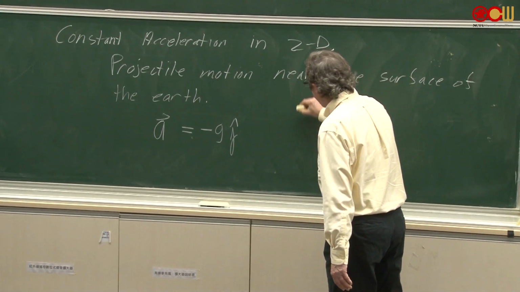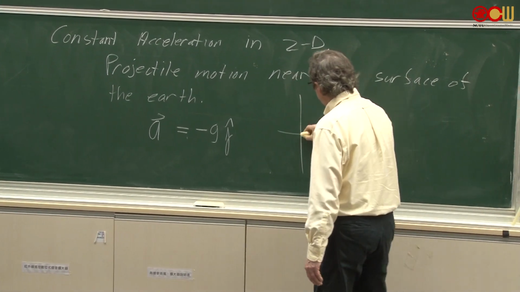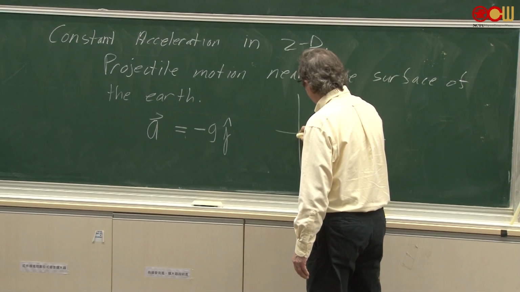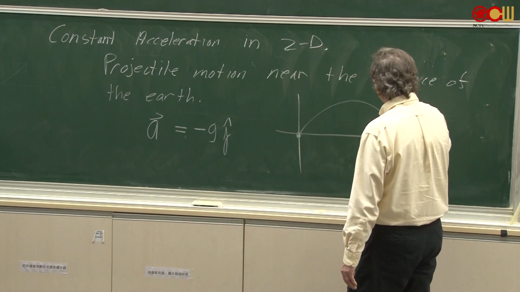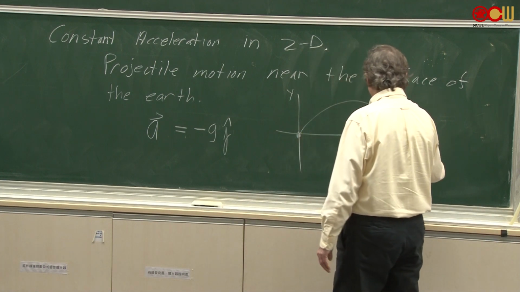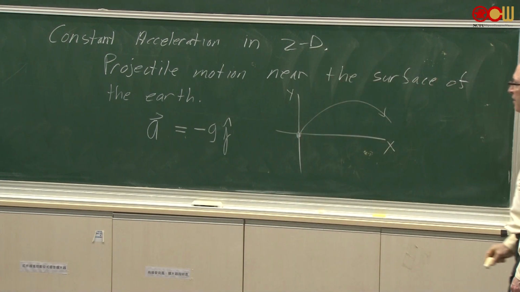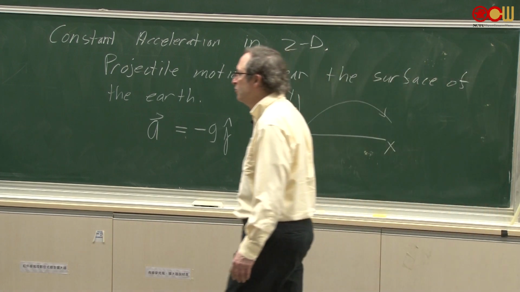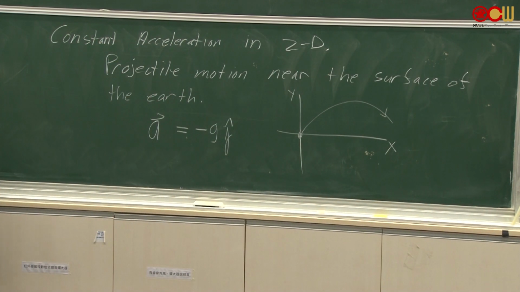So our typical problem is we have some particle that is shot up like that. OK, this is the y direction. That's x. OK? So that's a typical situation. That's called projectile motion. All right?